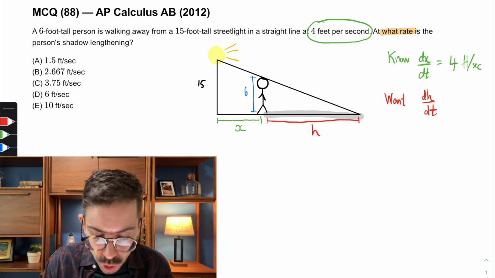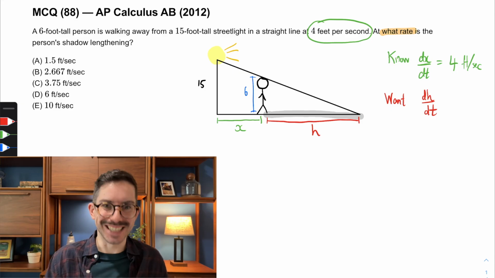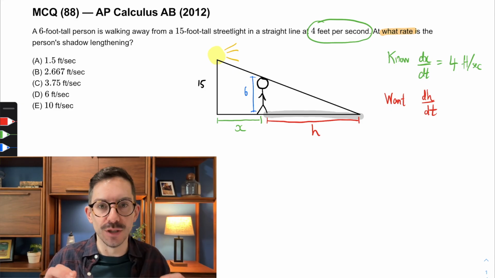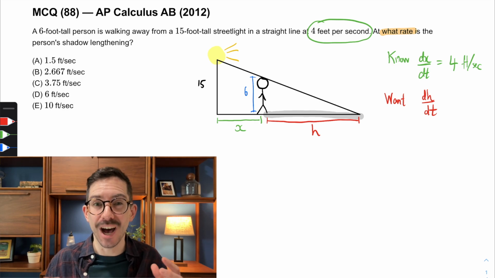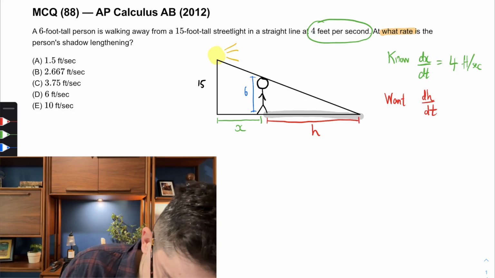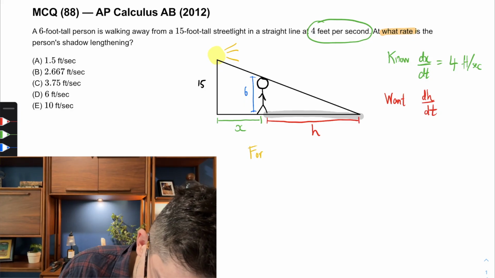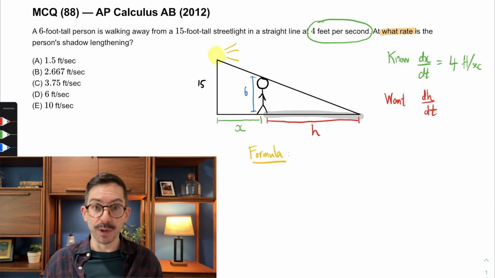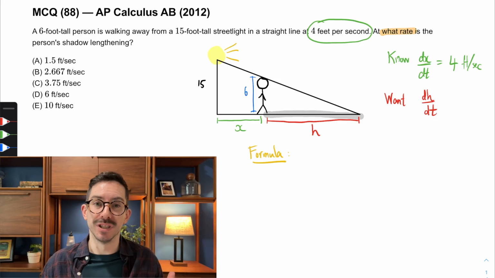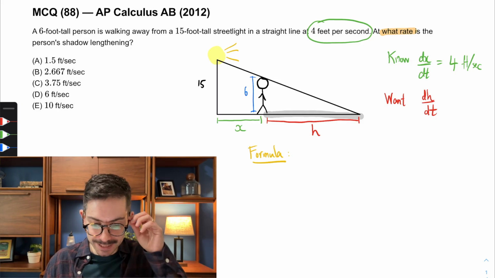So I've captured all of the given and desired information in this diagram. The one thing we need to do now is use our diagram to set up some kind of equation or formula. Once we have our equation or our formula, we can differentiate with respect to time and then substitute in to find the quantity that we want, namely dh by dt.